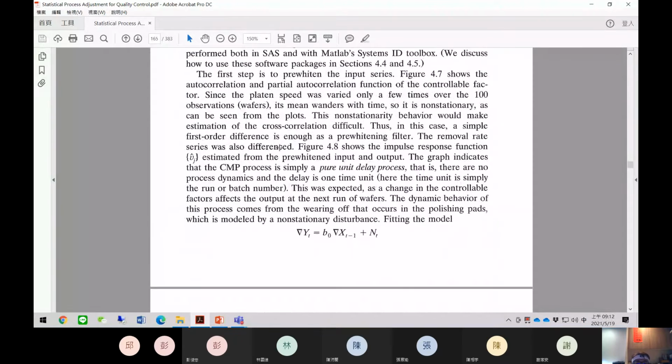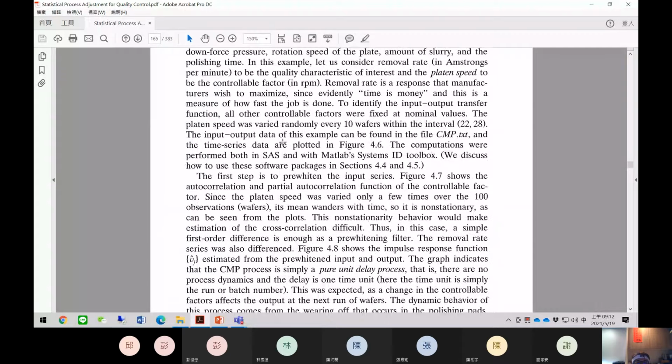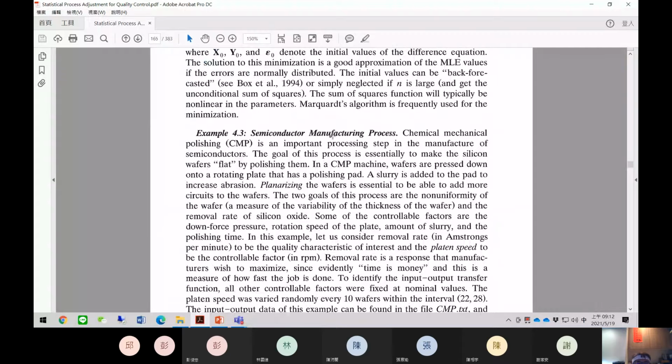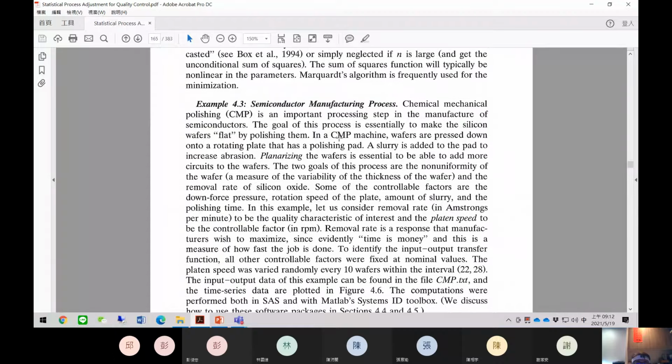Now the semiconductor manufacturer example, let me review this. This is quite a typical semiconductor process called CMP, which was invented at IBM in 1980, the chemical mechanical polishing. It's an important processing step in the manufacture of semiconductors.